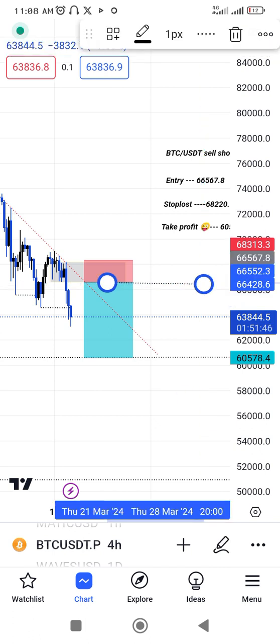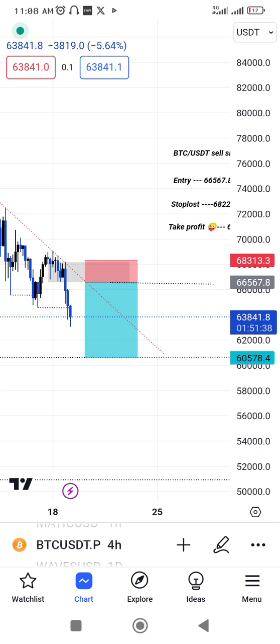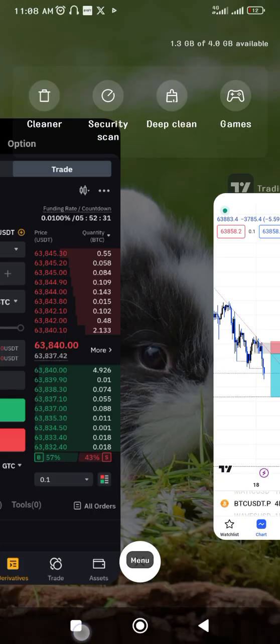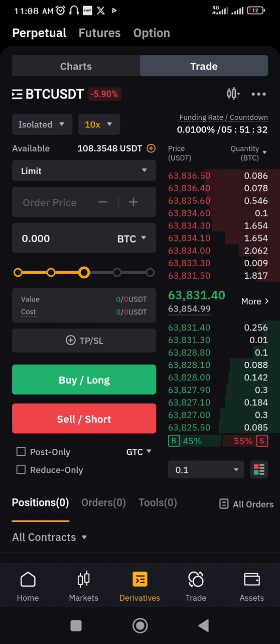So that I'll be selling short at a cheaper price. This is where I want to sell, and this is where I'll be taking the trade. So I will set a limit order, and that is the advantage of this limit order: you wait for the price to get to a certain point before you enter a buy or sell.